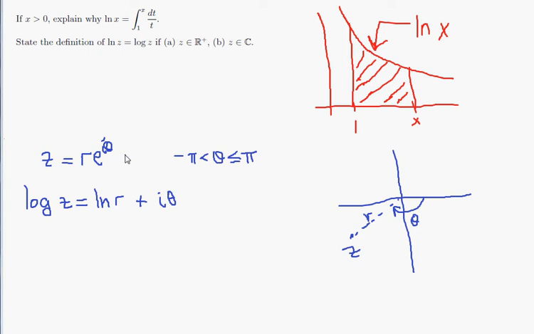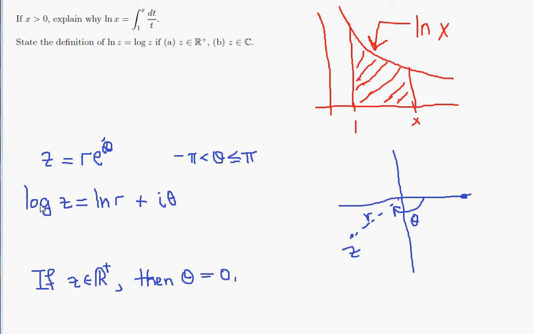Now this is equivalent to the definition at first, because if z is a positive real number, if z is on the positive real axis, then the angle is 0, because it is on the positive real axis.